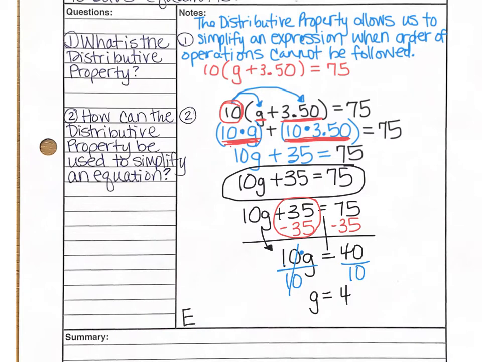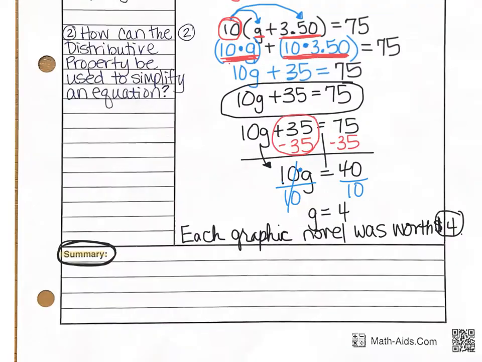So what we know is that each graphic novel was worth $4. In summary, to apply the distributive property, we need to multiply each term on the inside of the parentheses by the term on the outside of the parentheses.